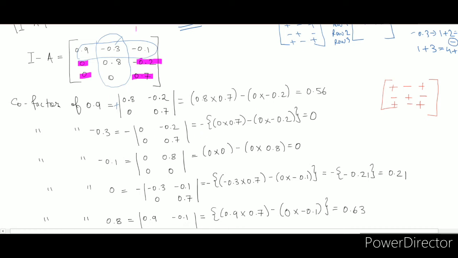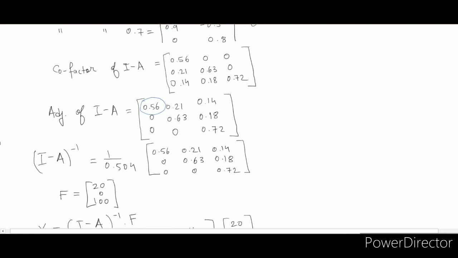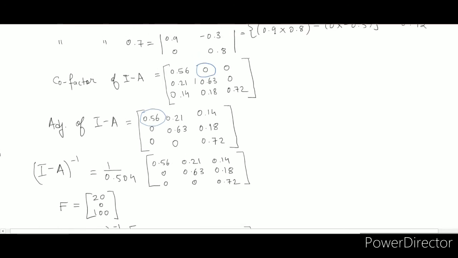So now here we find that the cofactor of minus 0.3 is 0, and since minus 0.3 belongs to the second column and the first row, 0 also will be placed in the position of minus 0.3. So that is how we get 0. So it's the same for all values.